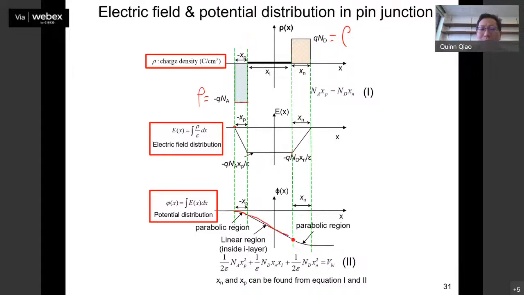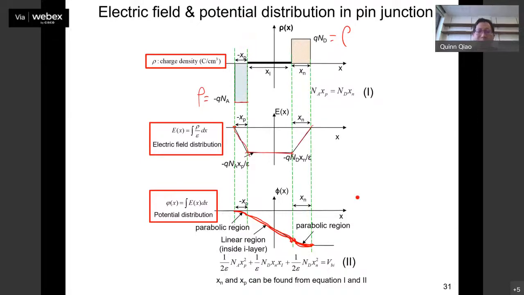Now again, from here to here, you have linear integrated, so x becomes x squared, or negative x squared, and you get another parabolic. You see that? Parabolic, linear, and then parabolic. That's because you do integration of this, and then flat, and then integration of that. That's what you see there.